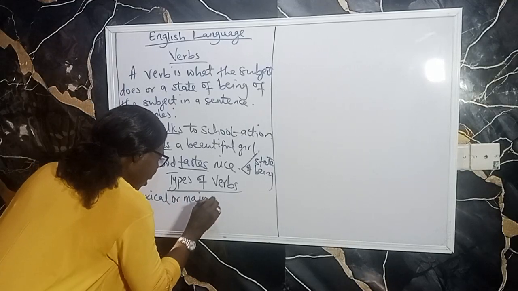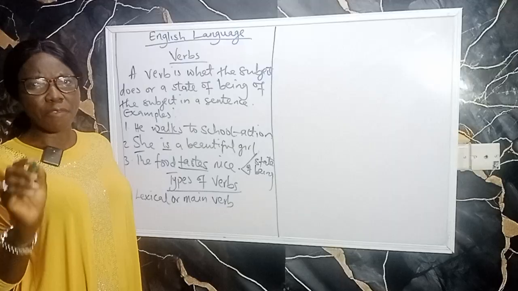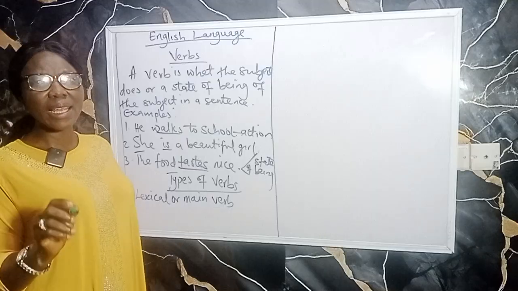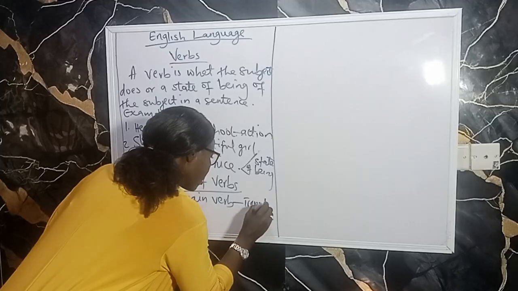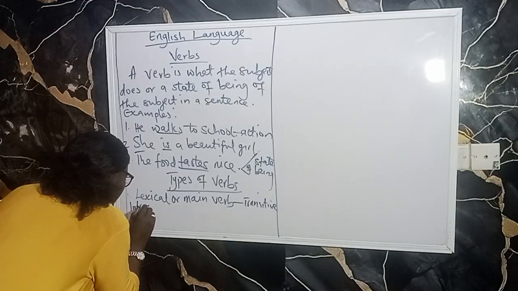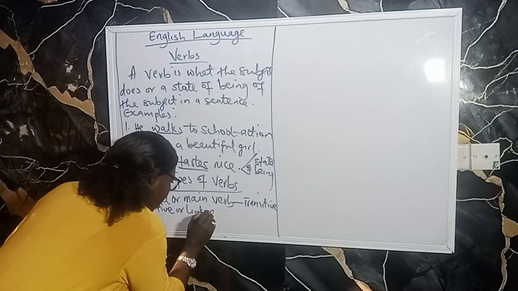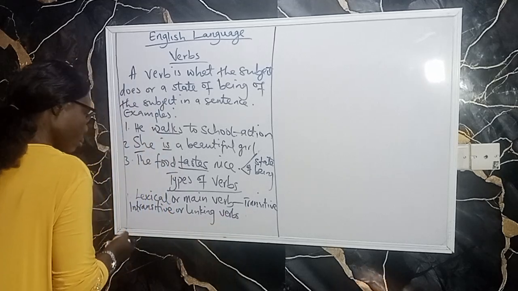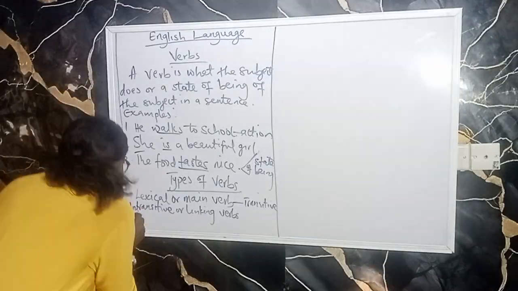Lexical or main verbs. Under lexical or main verbs, we have transitive, intransitive, and linking verbs. Then the second one is auxiliary verbs.